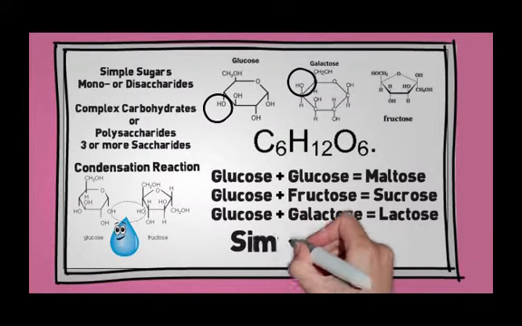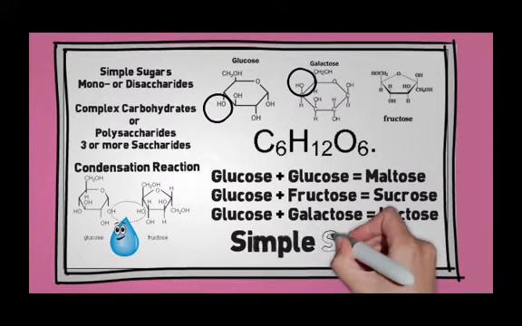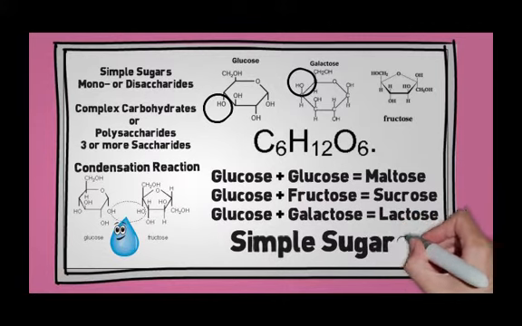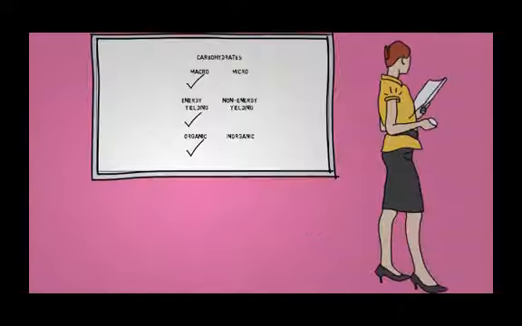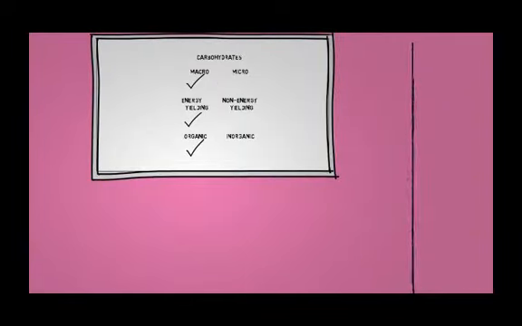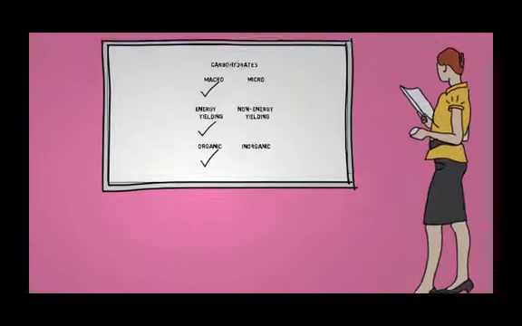Lactose, or milk sugar, is the combination of 1 glucose molecule and 1 galactose molecule. Maltose, sucrose, and lactose, as well as glucose, fructose, and galactose, are all considered simple sugars.